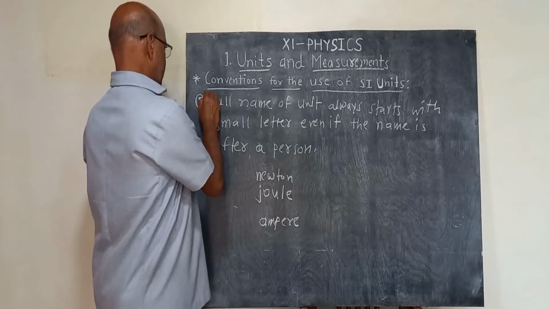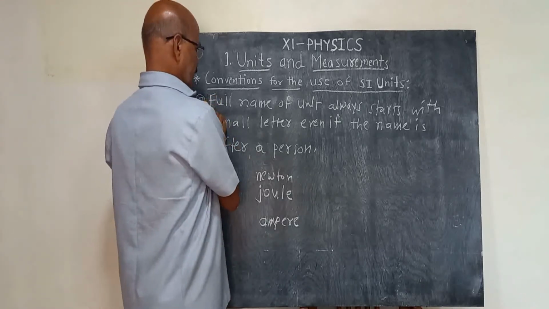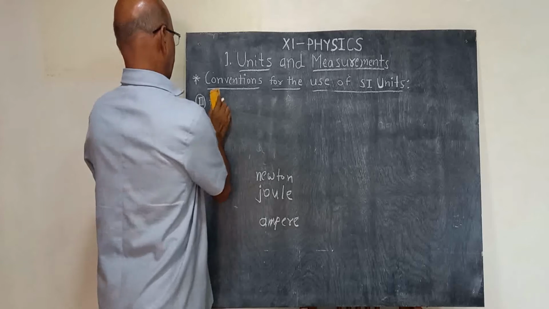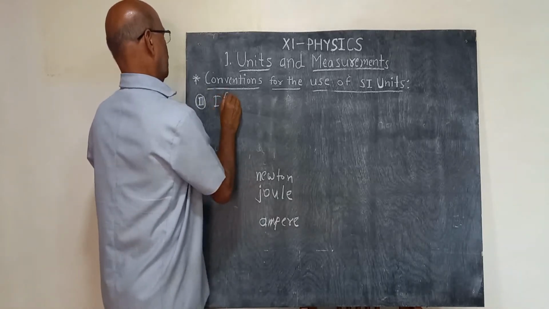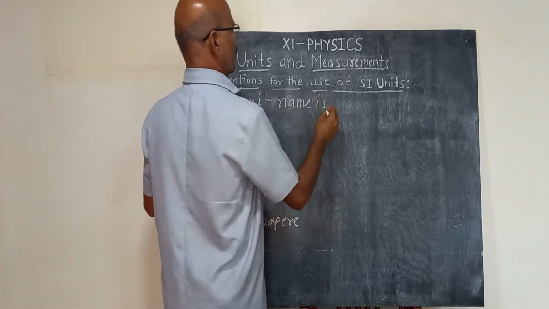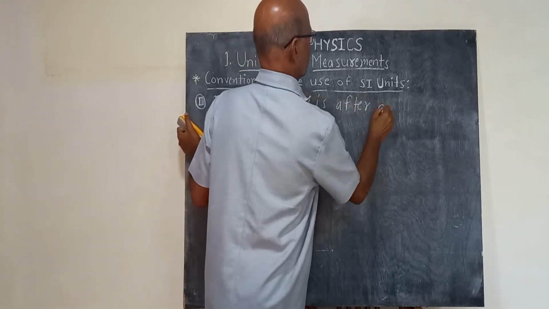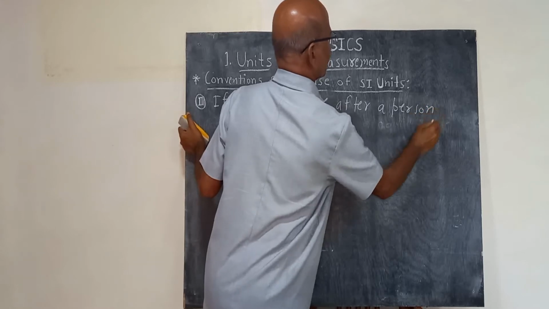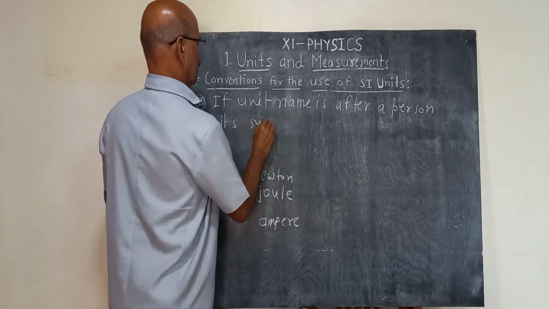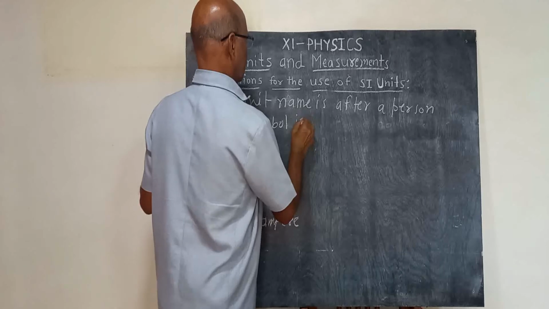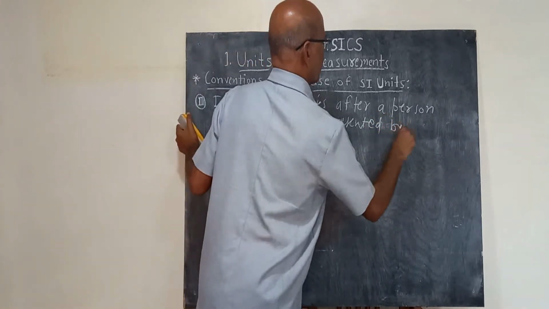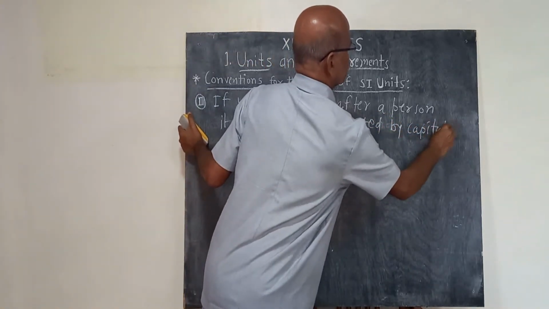Now the third convention is that if the unit name is after a person, its symbol is represented by a capital letter.